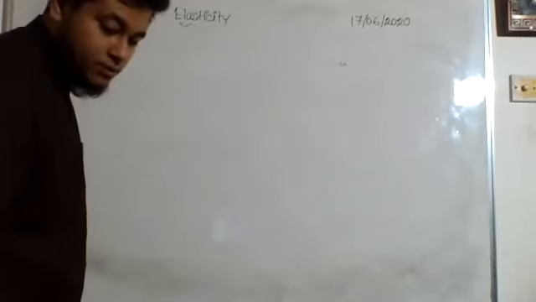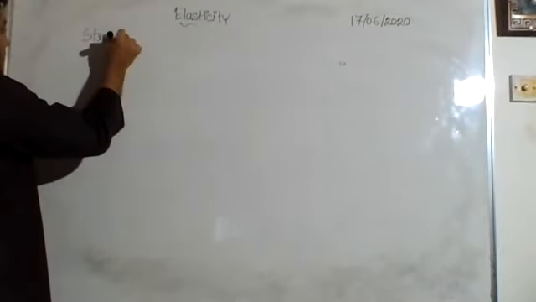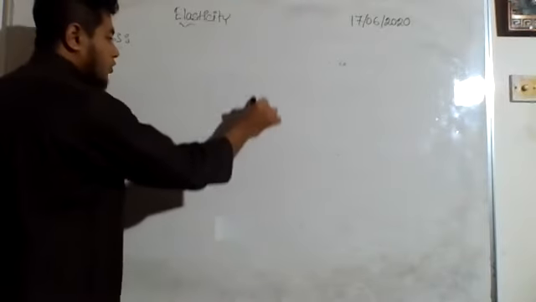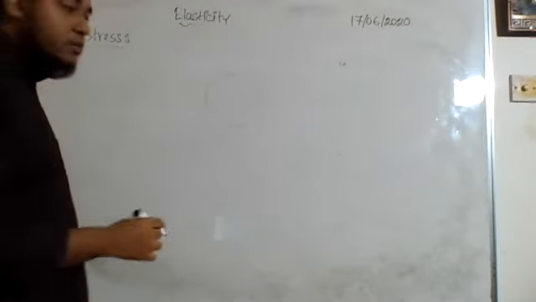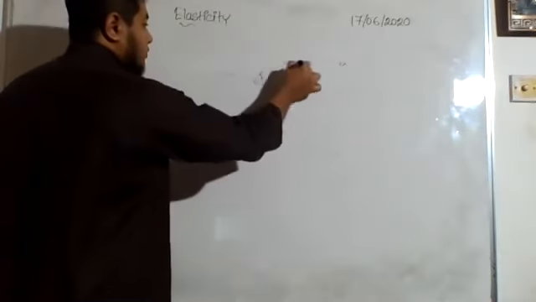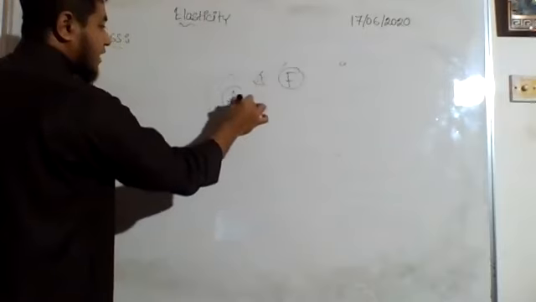Now we will take a look at stress. You already saw that we will have an object, and on this object we will be applying a certain amount of force, right? So the force is there and the object will have a certain amount of area.